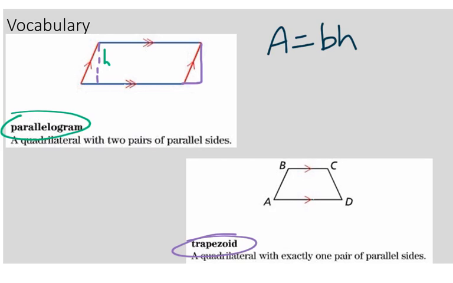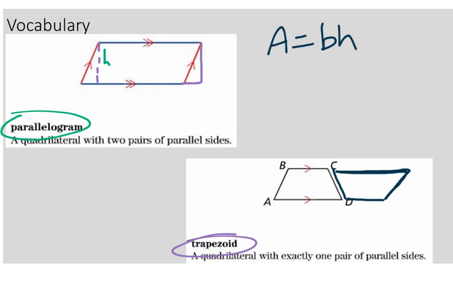Okay, the trapezoid is a little bit more difficult, and let's review also what we learned in class. What we did is we created an identical trapezoid, and we kind of set it upside down, and what we did is we recreated a parallelogram, because we know how to find the area of a parallelogram.